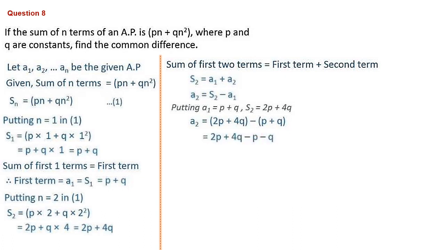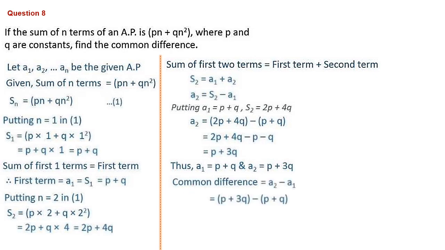Substituted: 2P plus 4Q minus P, then minus into plus, minus Q. That is equal to 2P minus P, that is P. Then 4Q minus Q is 3Q. So P plus 3Q is our A2. Then A1 and A2 we have got, so the common difference we can calculate. That is A2 minus A1.